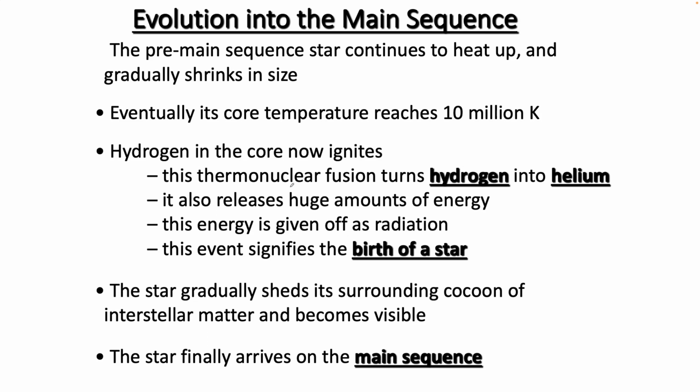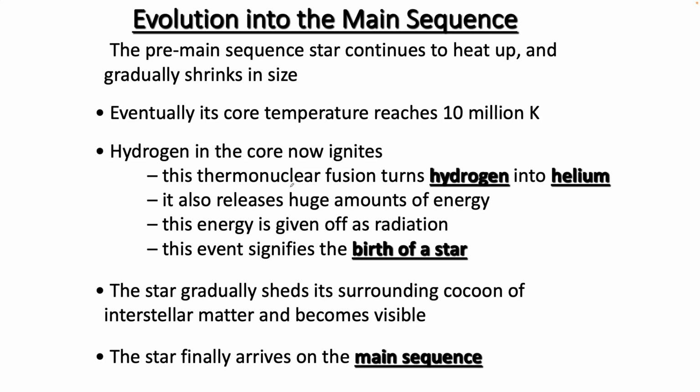So because of that, the star continues to heat up from the central region, and it also shrinks in size. That's because of the gravity, right? So the star will continue to collapse towards the central region. When that happens, the central temperature will keep increasing, right? So that is basically what will happen in any object, right?